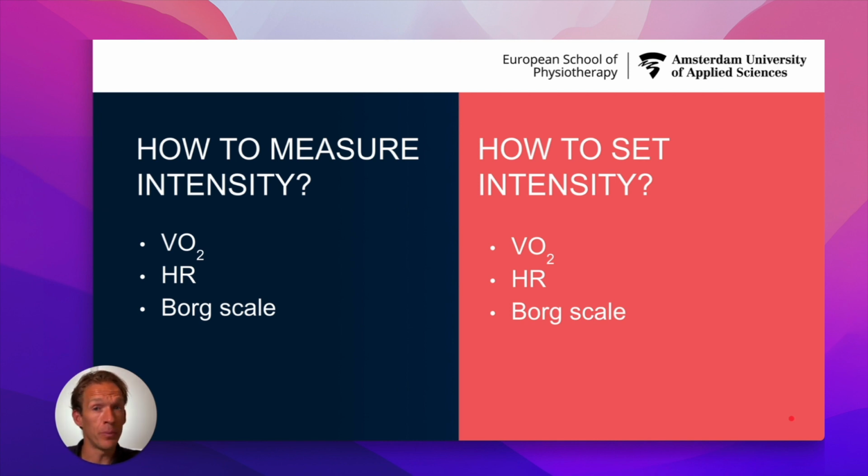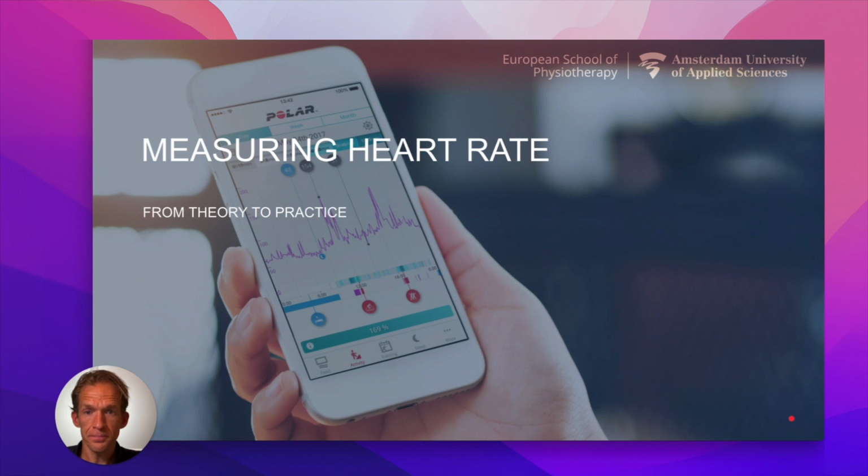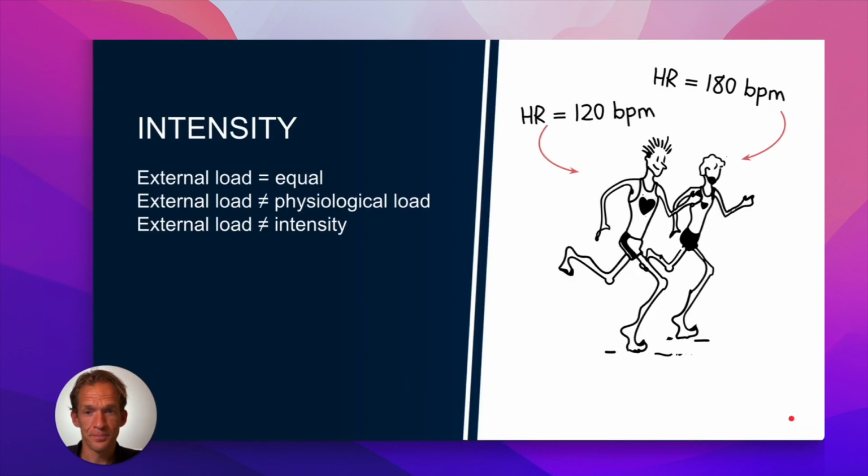So in this example, we'll show you a few applications of using heart rate, both for the measurement of an actual intensity that is already performed versus calculating at which target heart rate someone should perform in order to set the right intensity. So from theory to practice through heart rate monitors, but definitely when you look at heart rate at rest, please also consider just using your manual method, which sometimes will do the work just fine.